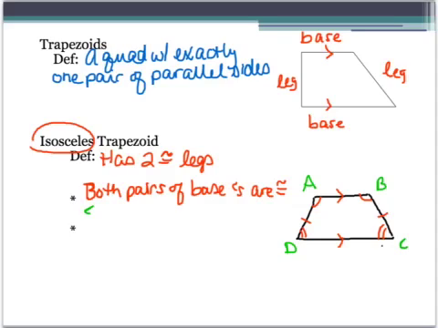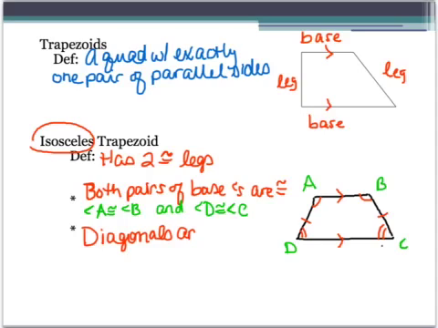So it would be angle A is congruent to angle B, and the bottom base angle D is congruent to angle C. Another property of an isosceles trapezoid is the diagonals are congruent. Okay, so the length from A to C is going to be the same as the length from B to D.